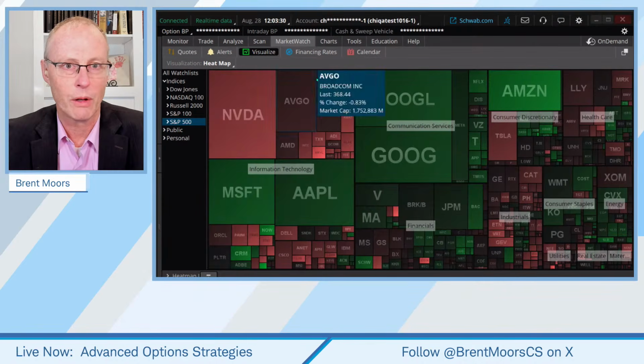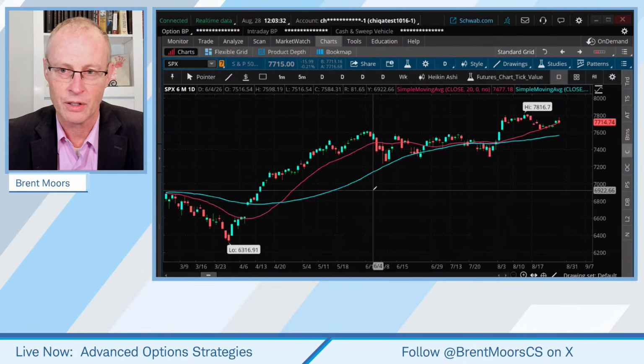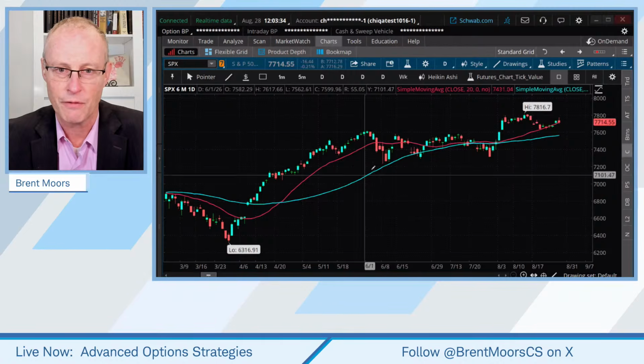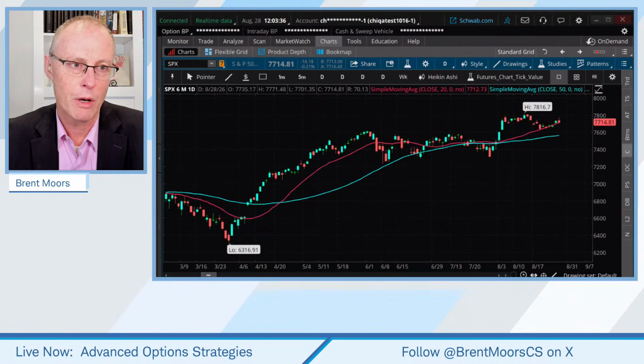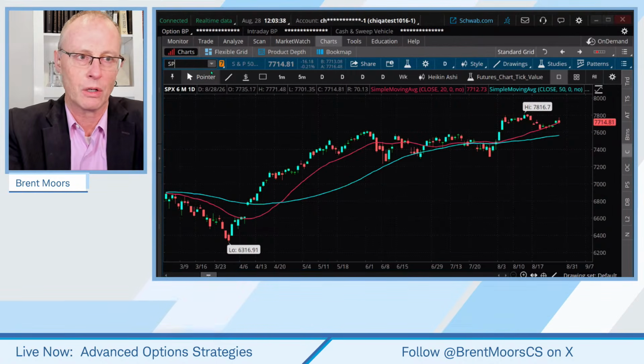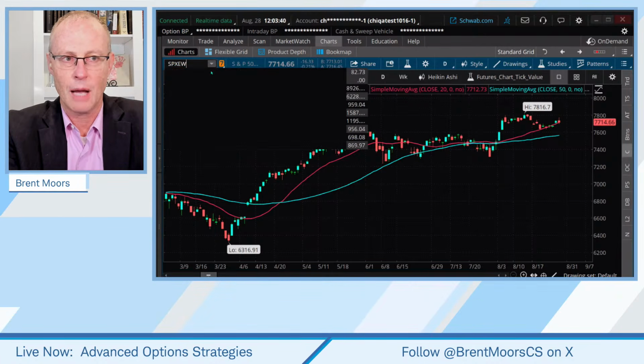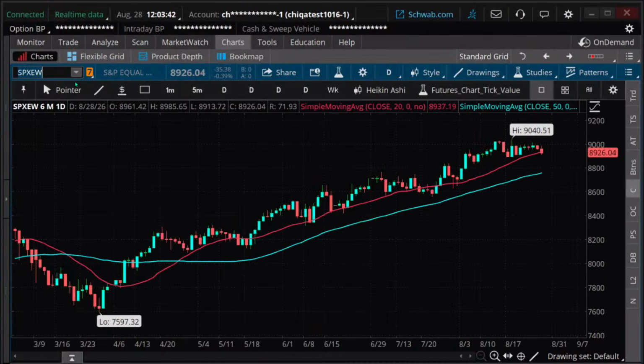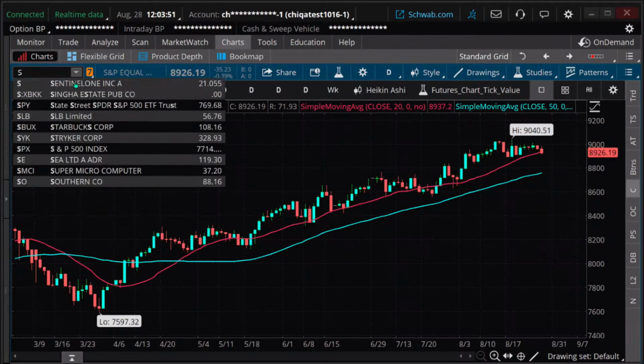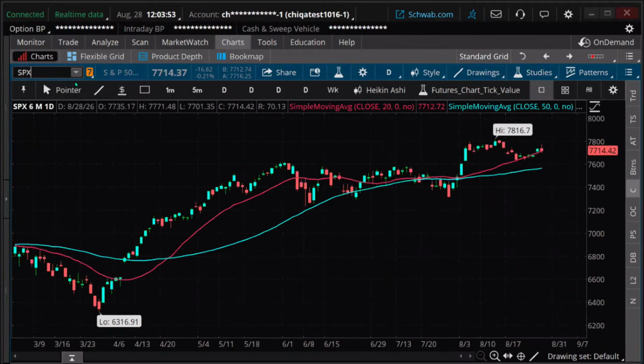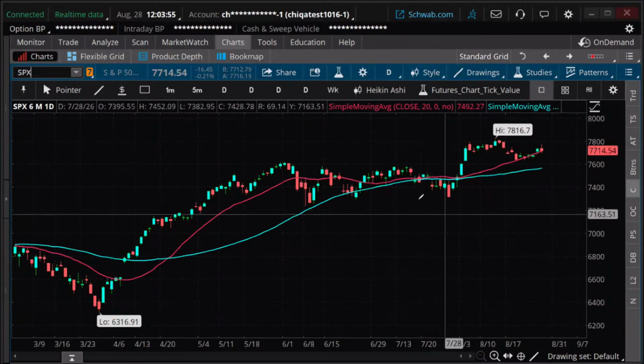If we look at the S&P 500 as a whole, we're trending up, a little bit of a bumpy ride. If you want to smooth out the ride a little bit, you can look at the SPXEW, the equal weight. That's a nice trend up, isn't it? Some of the smaller companies smooth out the volatility of those bigger companies we just mentioned.